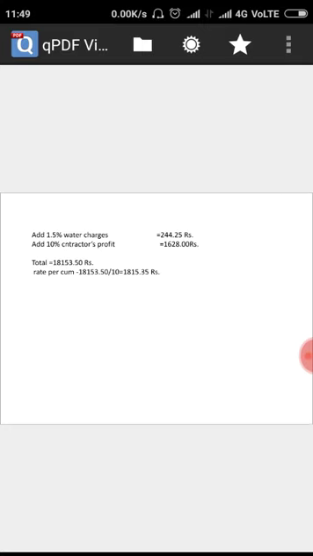So the final total cost is 18,153.50 rupees. This cost is for 10 cubic. For 1 cubic, the cost will be 1815.35 rupees. So the cost for 1 cubic of brickwork is 1815 rupees.